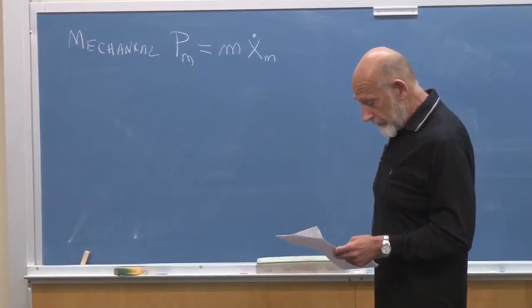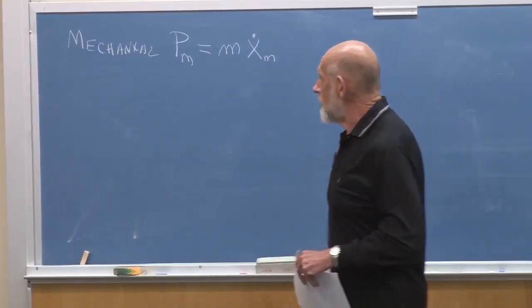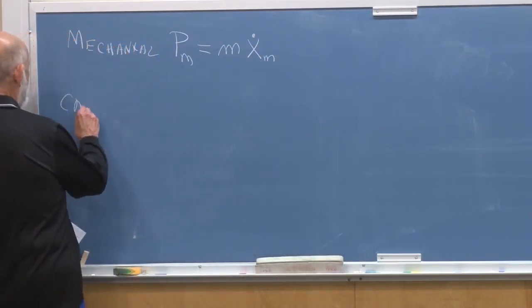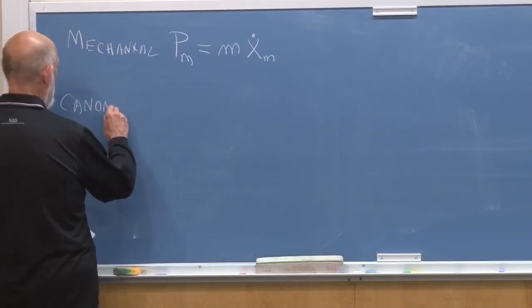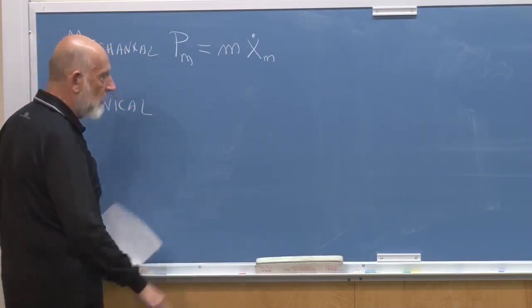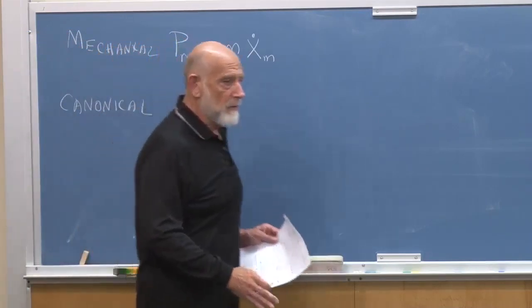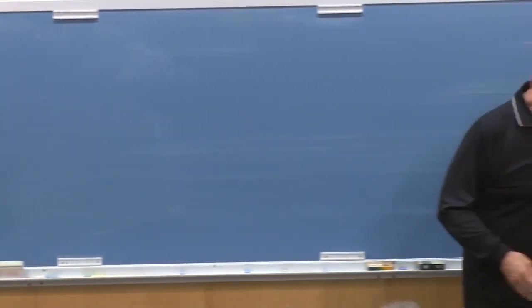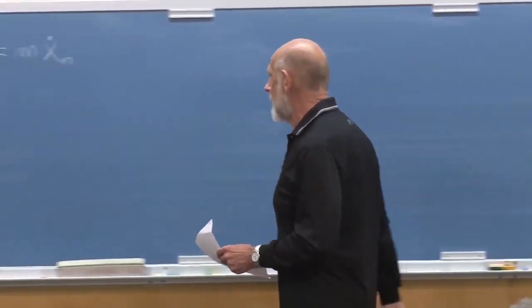All right? Next, the concept of canonical momentum. This is more abstract. It comes about when we start thinking about the Lagrangian formulation of mechanics. We have a Lagrangian of some sort.